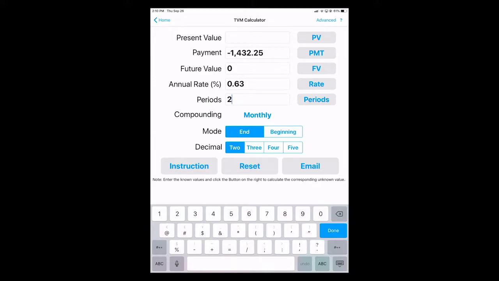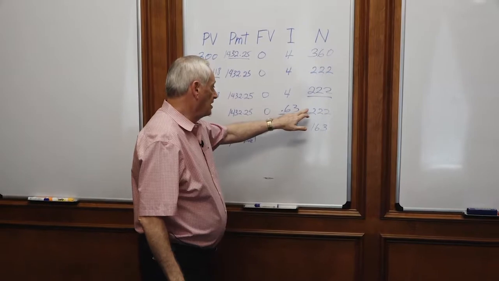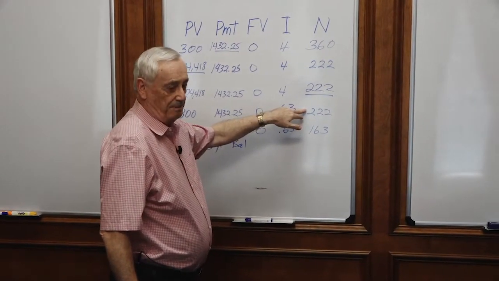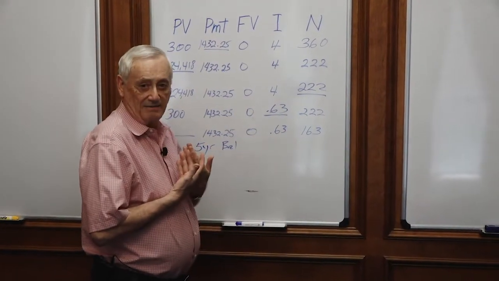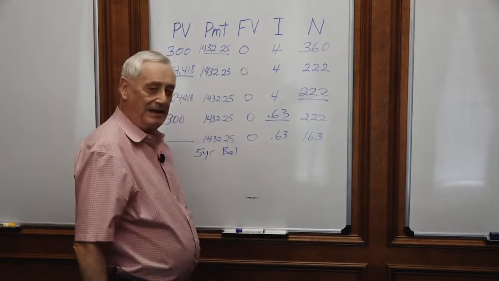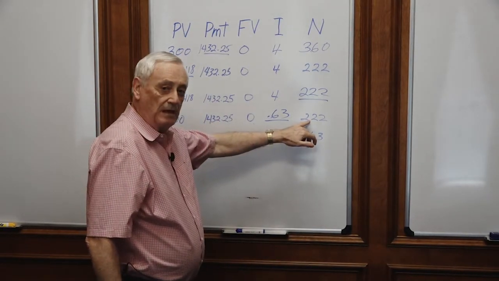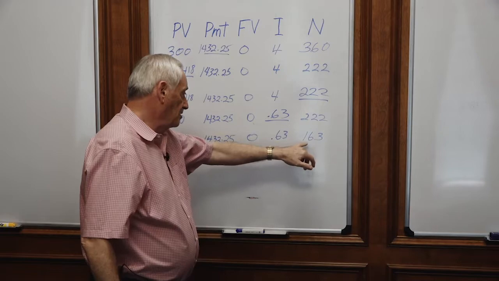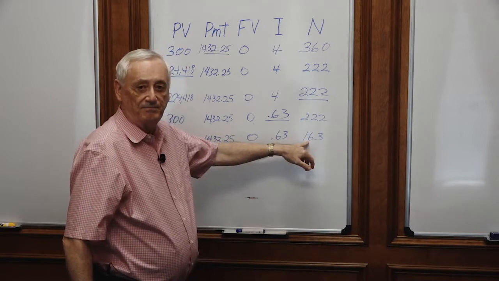As you recall, I'm trying to figure out what is owed after I make the 59th payment. So here's the part you got to think through. If I am starting with 222 payments, I have to subtract the 59 payments I made from 222 to learn that I've got 163 payments left.